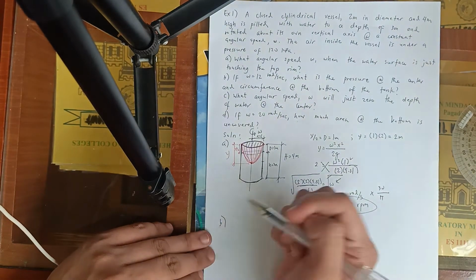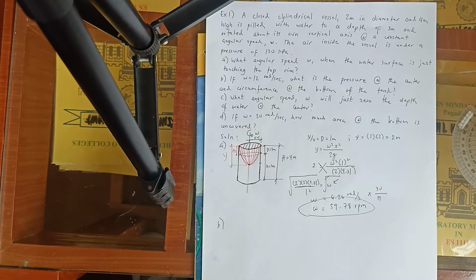For B, we are asked the pressure at the center and the circumference at the bottom of the tank.